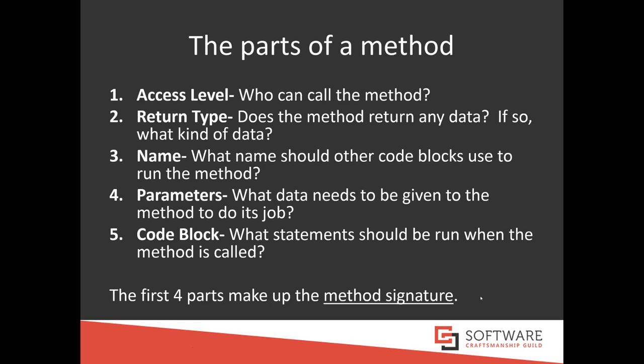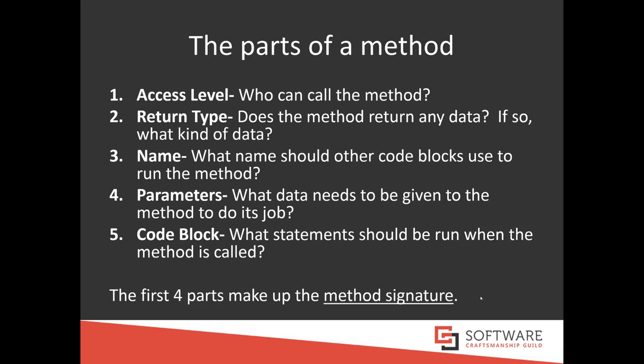Methods also must have a name, and this name is the alias. When other pieces of code want to use the method, they are going to refer to it by the name that you give it. Next we have parameters. Parameters are things that are passed into a method. What data needs to be given to the method to do its job?